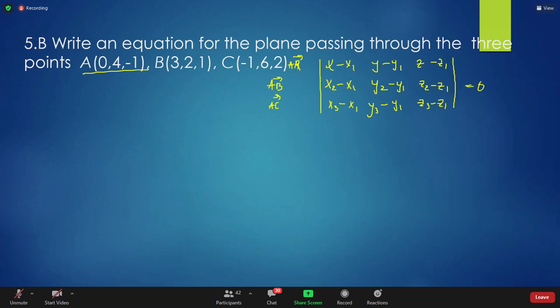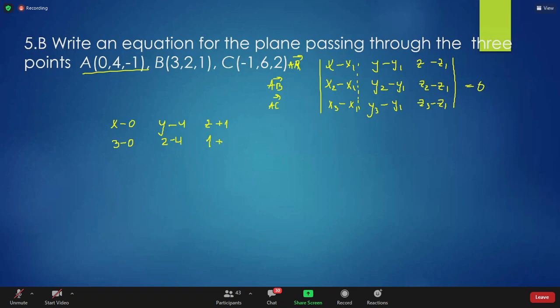So this means we simply have to fill in the numbers now. So x minus 0, y minus 4, z minus -1 means it's z plus 1. Now see, these are all the same. Now x2, that would be 3 minus 0, 2 minus 4, and z is 1 minus -1, that is plus 1.